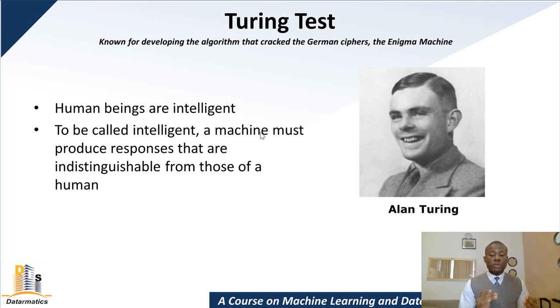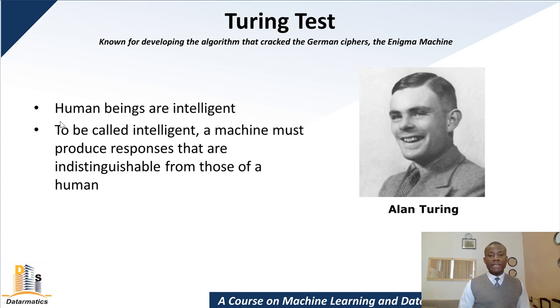If you are not able to distinguish that this is an answering machine and you think a fellow human is talking to you, then we can say that machine is intelligent. That is what Alan Turing is trying to say: if you cannot differentiate between communication with a fellow human and a machine, then the machine that fools you into thinking it is human is intelligent.